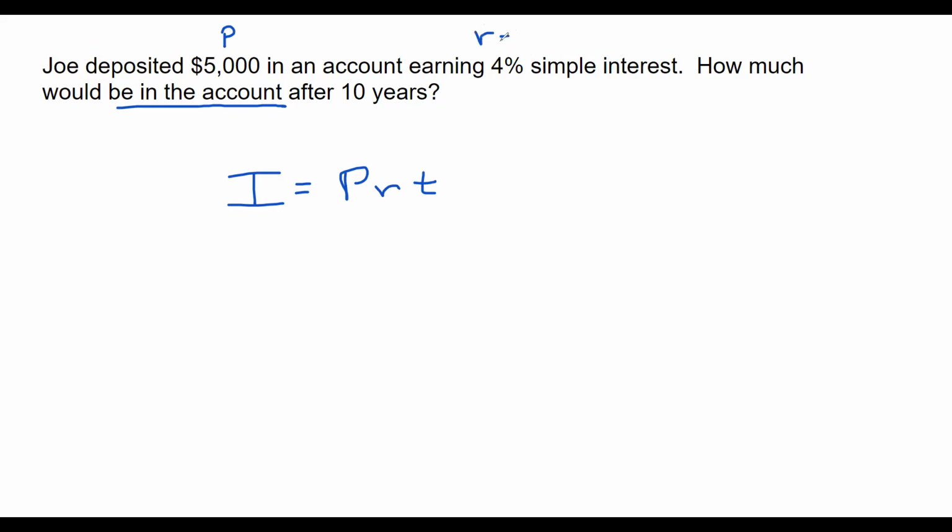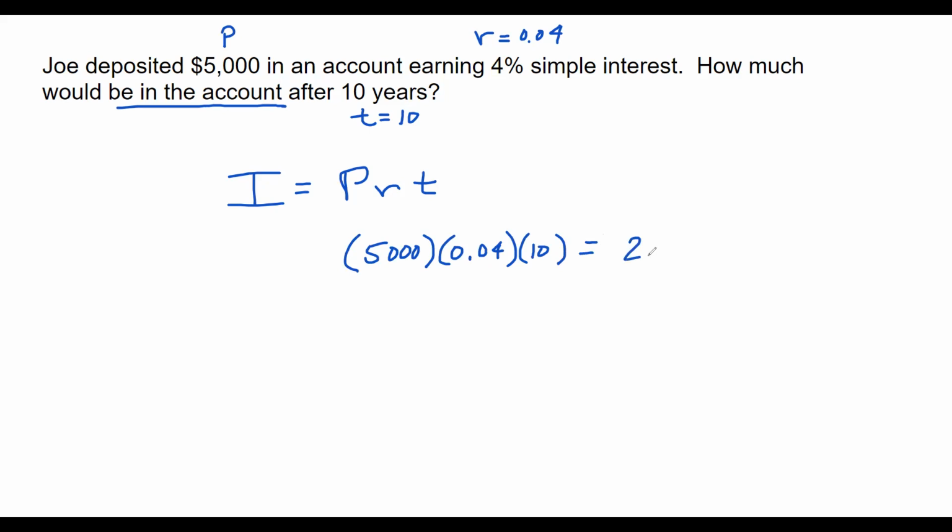R, we convert to a decimal. 4 divided by 100 is 0.04. And we are doing this over 10 years. So T equals 10. So 5,000 times 0.04 times 10.